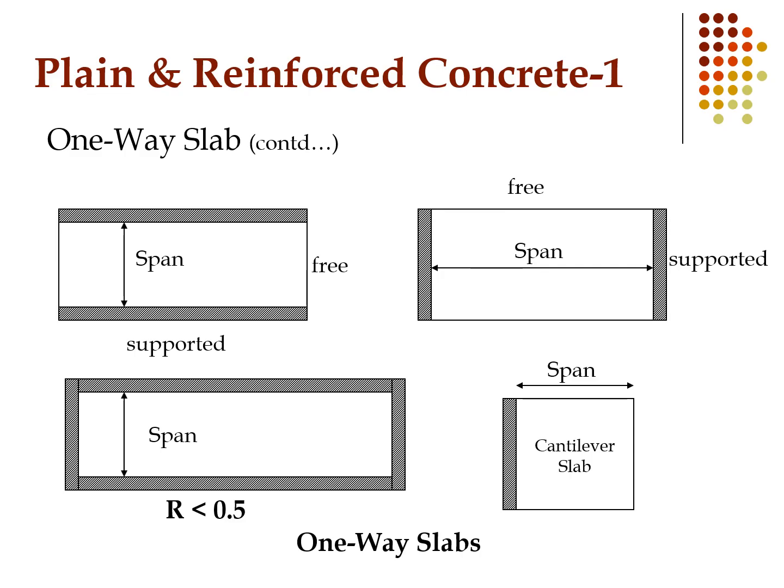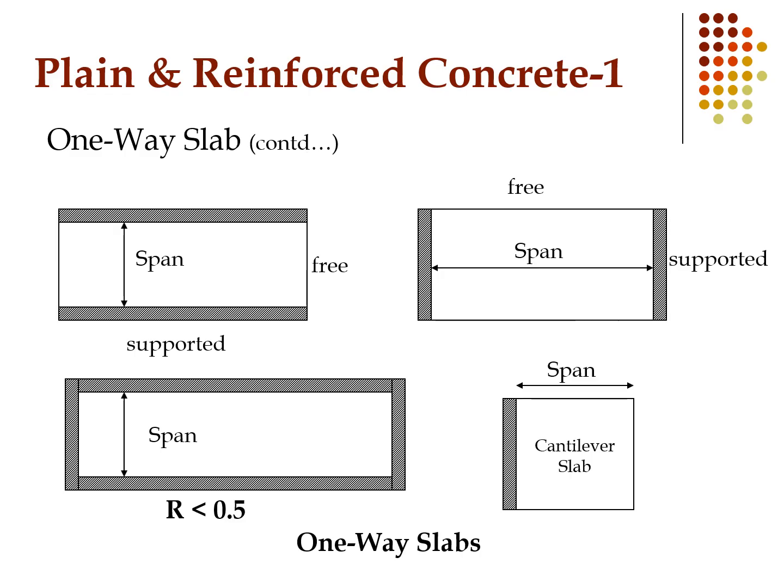Then the distance in between, we call the span. Let's say again we have two edges supported, this one and this one. Now the distance between the supported edges we call the span.